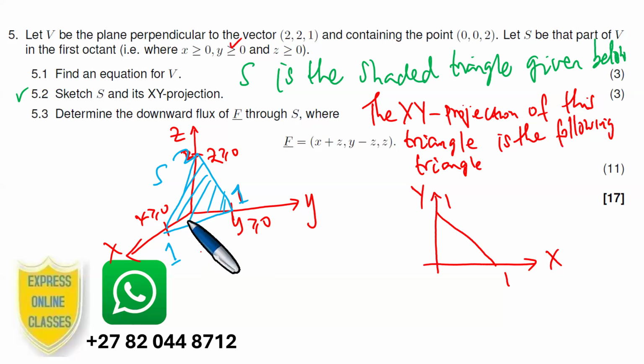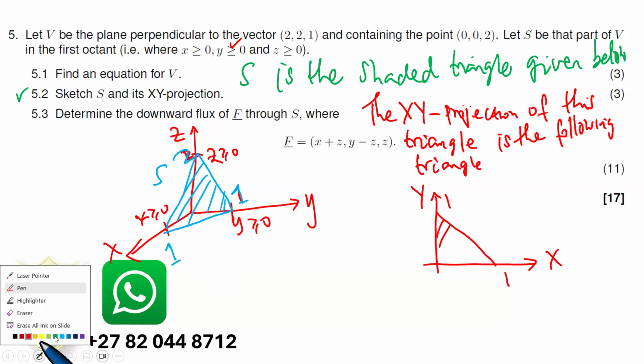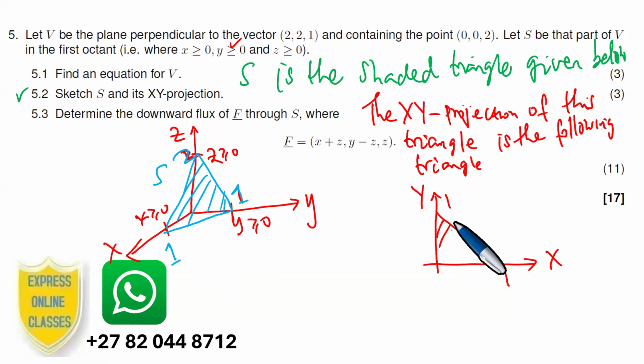On the XY plane, you can see that X is cutting at 1, Y at 1, and therefore this is the projection. This becomes the XY projection. So the XY projection of this triangle is the following triangle, because if you only take what is happening in the XY plane, this is what you're going to get.